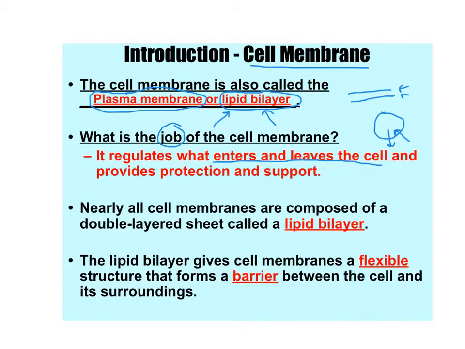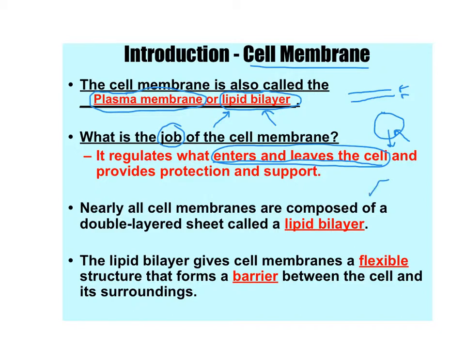So just like the fence around Tulare Western, air and bugs can freely go in and out of the fence, but students cannot. The little holes in the fence are too small for students to sneak out of school, and they're also too small for people wandering around campus to come onto campus. So that is the job of the cell membrane. It regulates what enters and exits the cell. So it controls what can come in and out of the cell.